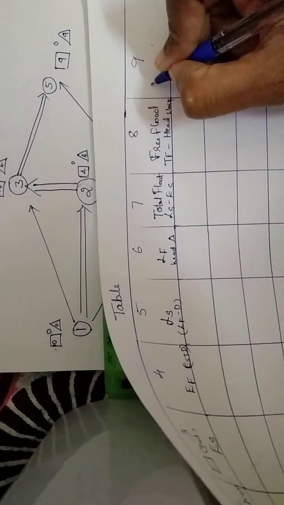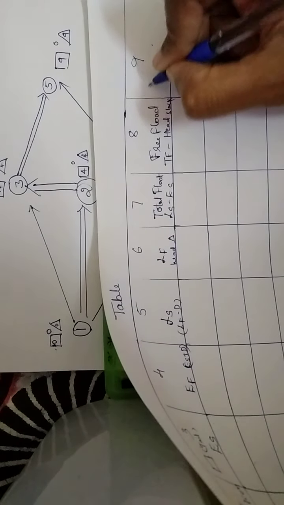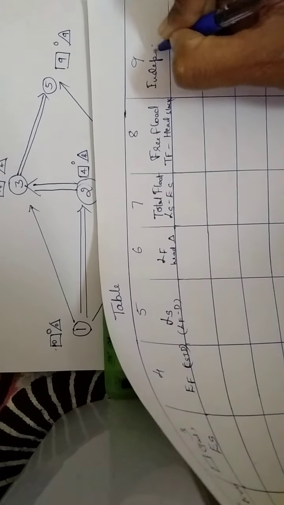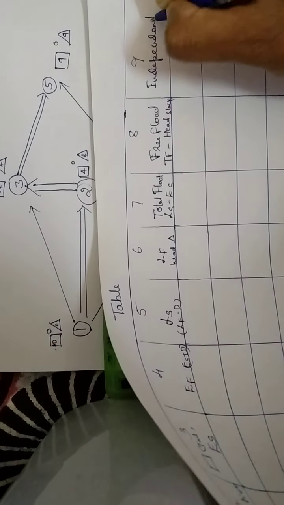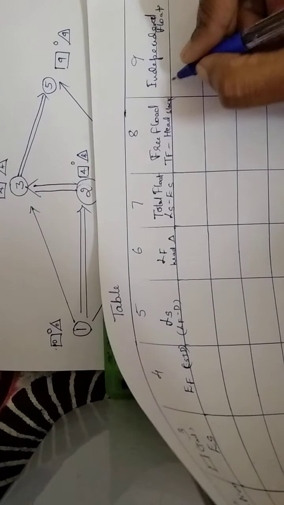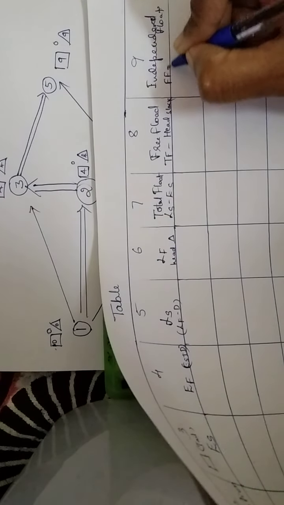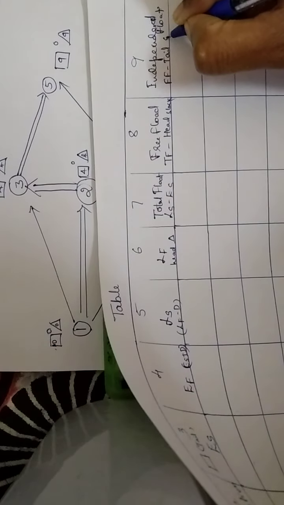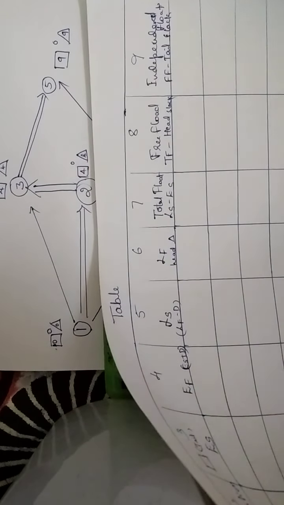Finally, the last column is independent float. The independent float is equal to free float minus tail event slack. So the first thing is that you will have to draw all the 9 columns.